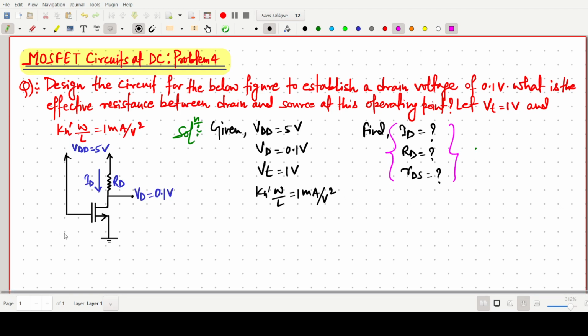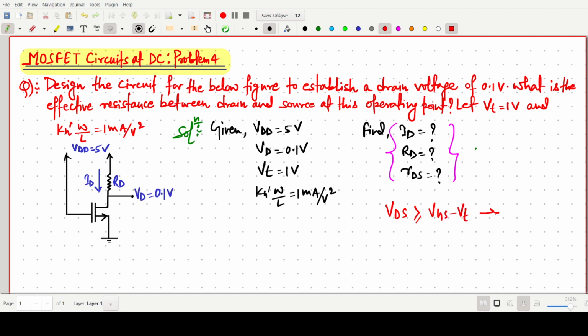So first of all, in such a problem we have to identify in which region the circuit is operating. It may be either linear or saturation, or it may be cut off. So we have to identify. For that we have to know the basic concept that if VDS is greater than or equal to VGS minus VT, it is in the saturation region.